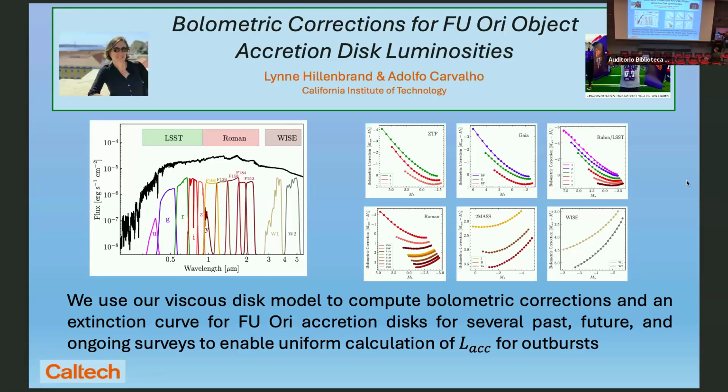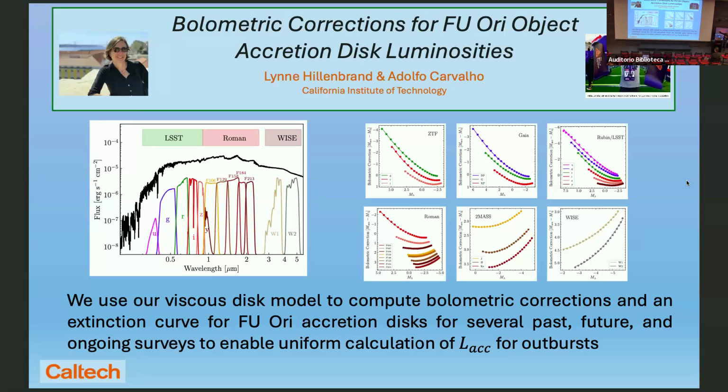But what we're providing here is a start: we have a sort of fiducial SED that we started based on the model of FU Ori itself. And then we compute bolometric corrections based on that SED for several hopefully useful bands, including 2MASS. So if you have any JHK data, you're probably calibrated to the 2MASS filter, so you can use the bolometric corrections there.